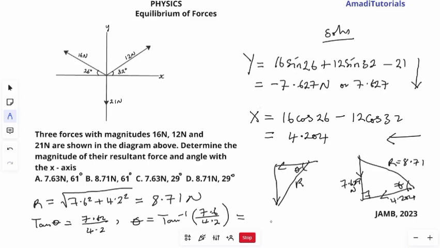And if you do that, the angle you'll have will be 61.13 degrees, which is approximately 61 degrees. So the correct answer will be option B. The correct answer will be option B. So that is that. Thank you.